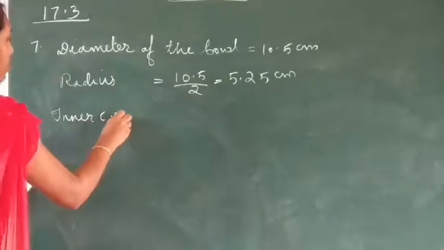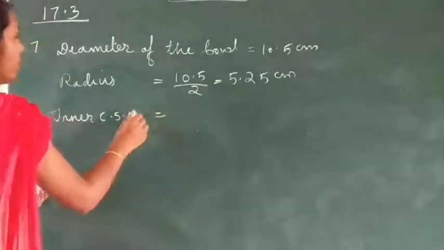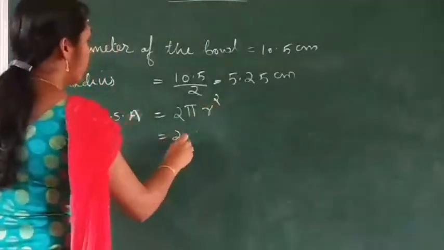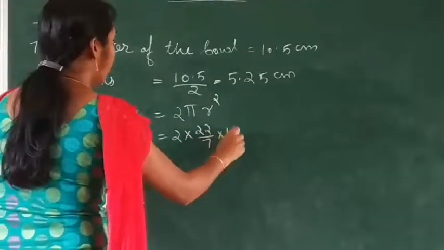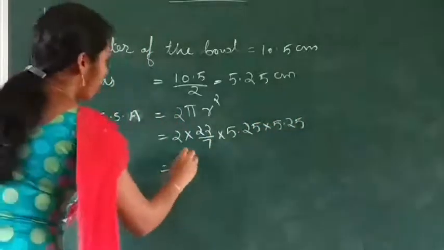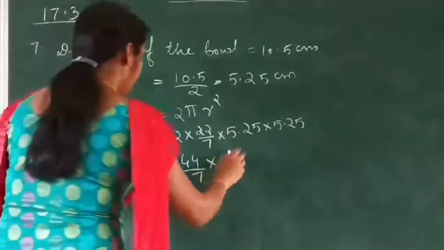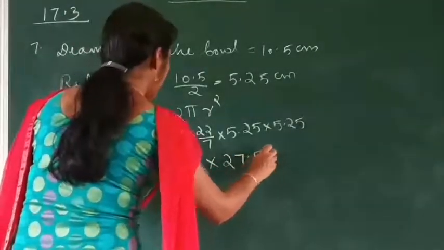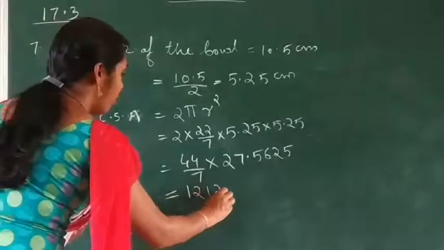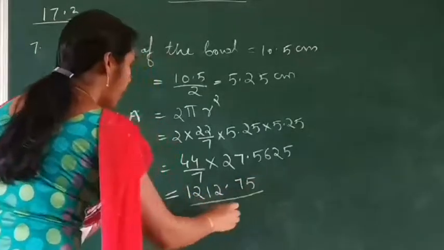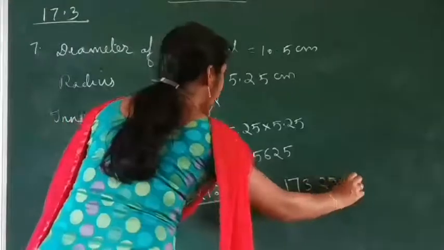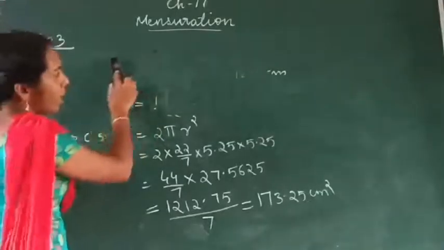Inner curved surface area is equal to 2 pi r square, that is equal to 2 into 22 by 7 into 5.25 into 5.25, that is equal to 44 by 7 into 27.5625, that is equal to 1212.75 divided by 7, that is equal to 173.25 centimeter square. So now we have obtained the area to be tin plated.